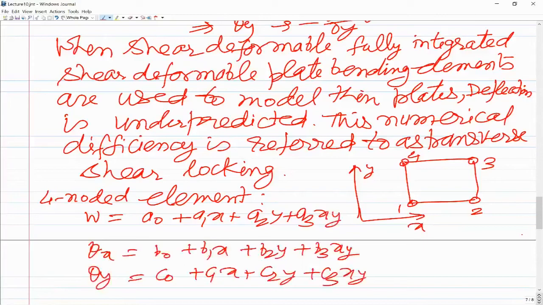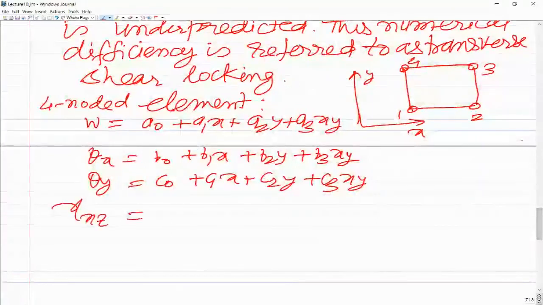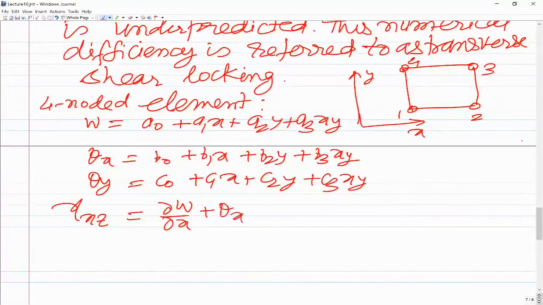Now if you look at the expression for gamma xz, the problem is coming from the transverse shear strain. Gamma xz is del w by del x plus theta x. Del w by del x is going to be a1 plus a3y, and of course your theta x is b0 plus b1x plus b2y plus b3xy.